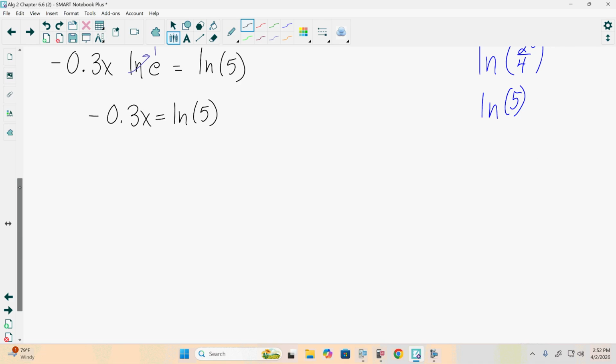Last but not least, what do we need to do? Yes, we need to divide both sides by negative 0.3. Telling us x is equal to the natural log of 5 divided by negative 0.3.